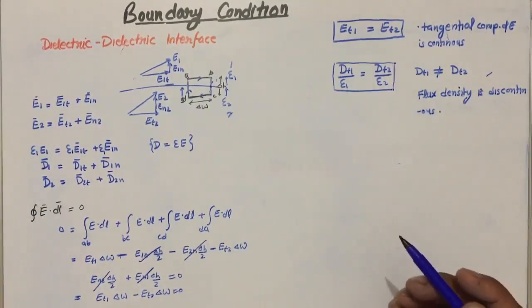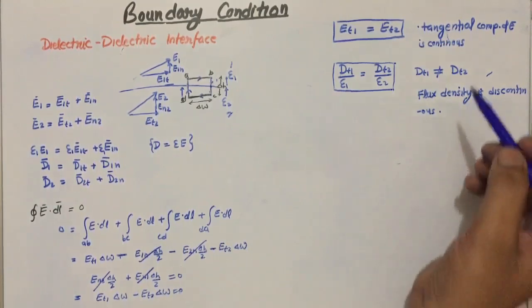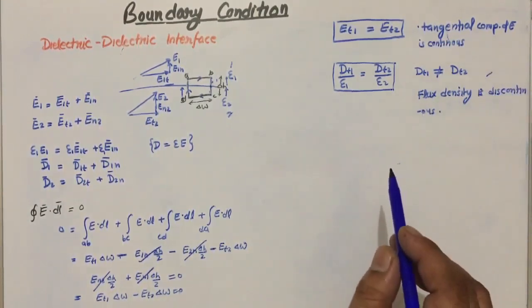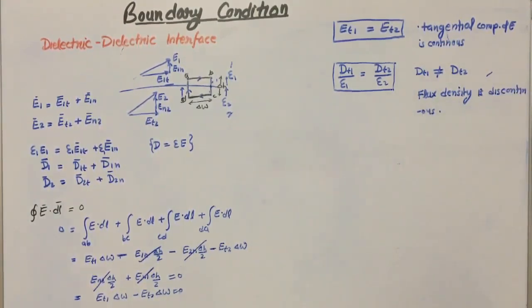In this way, we came to know that the tangential component of the electric field is continuous. However, the electric flux density is discontinuous at the boundary. Okay. Now, let us try to find the other component of the electric field or electric flux density.